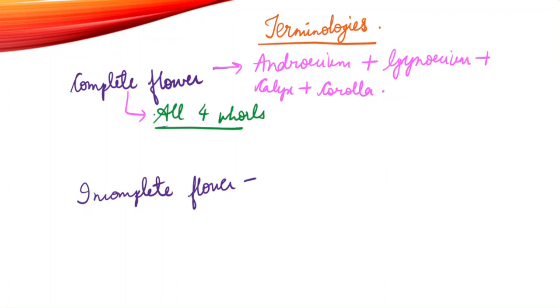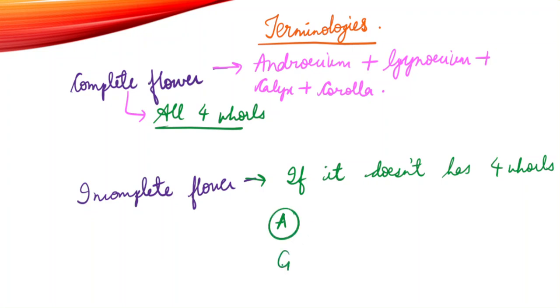But suppose it doesn't have four whorls, means suppose either androecium is missing or gynoecium, or suppose calyx is missing or corolla.